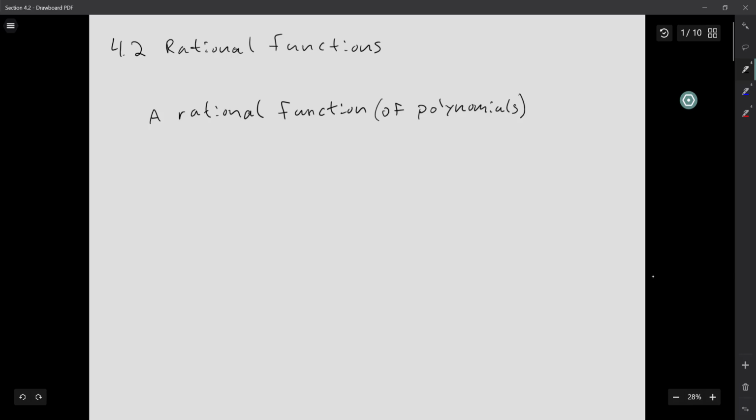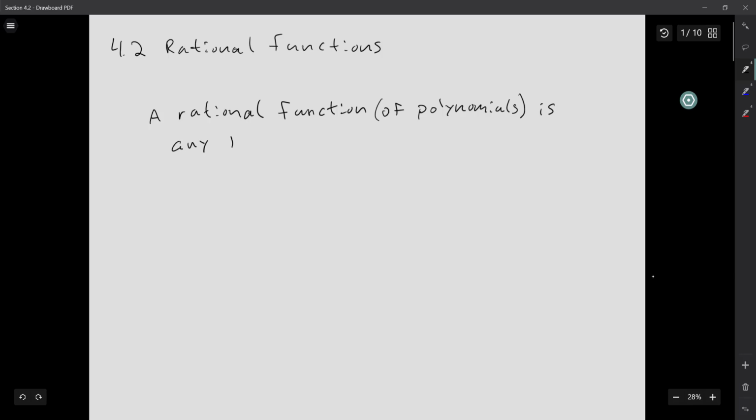Because you can have a function which is represented as a ratio of other functions. They don't necessarily need to be polynomials. So it's just a nice little clarification to point out that we are only using polynomials as the pieces.